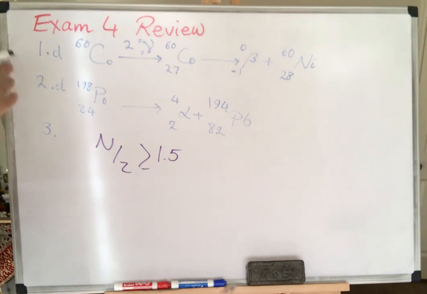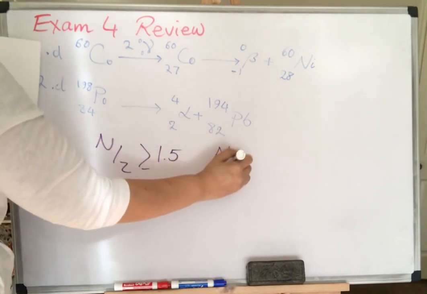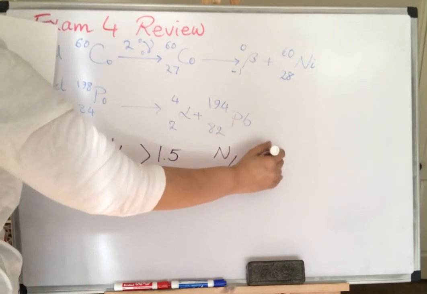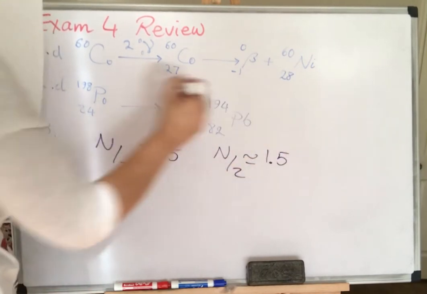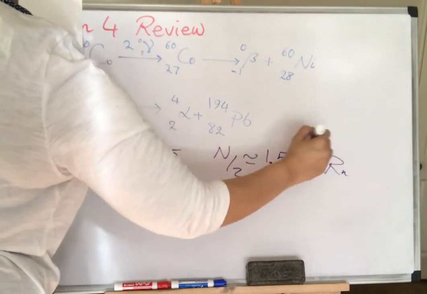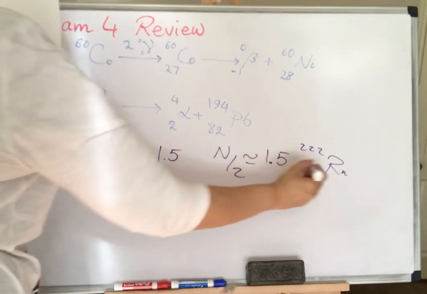If you check all of them, the only atom that has N to Z about 1.58 is radon. Radon 222 and Z is 86.